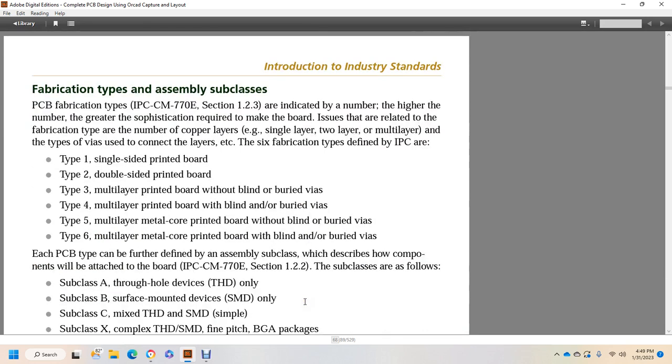Each PCB type can be further defined by an assembly subclass, which describes how the components are attached to the board.